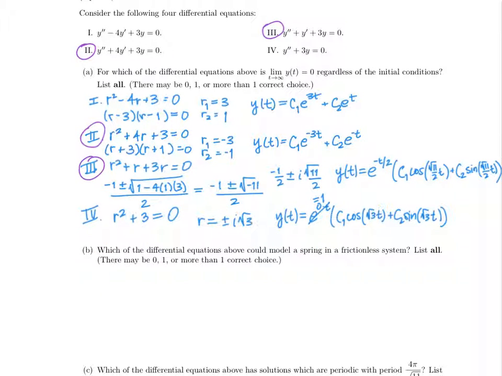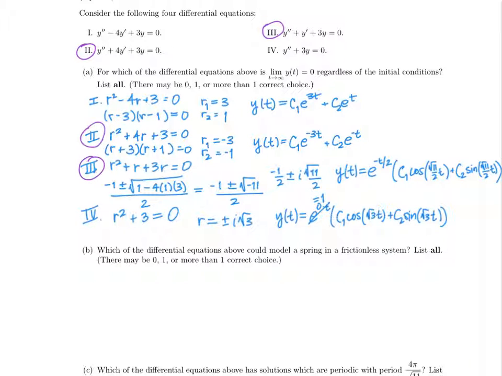We're then asked in a quick follow-up, which of the differential equations above could model a spring in a frictionless system? And of course, because we're experts about second-order differential equations that are homogeneous with constant coefficients, we know that in order for spring motion to be modeled by a second order differential equation, we need the constant on y prime to be greater than or equal to 0, and the constant on y to be strictly greater than 0.